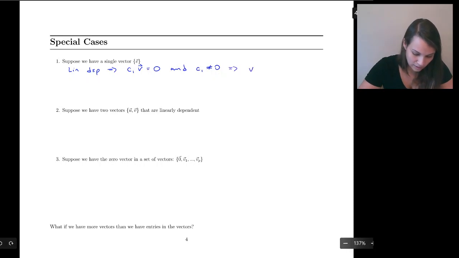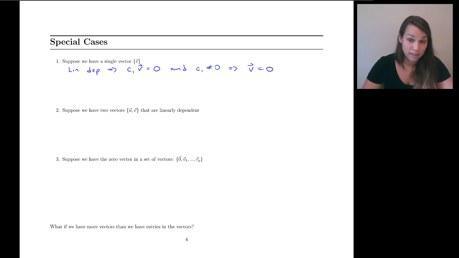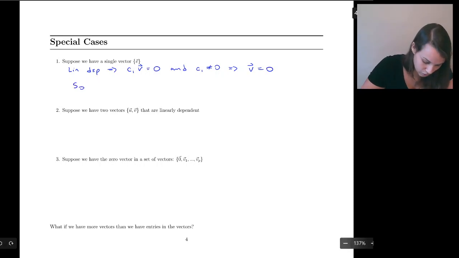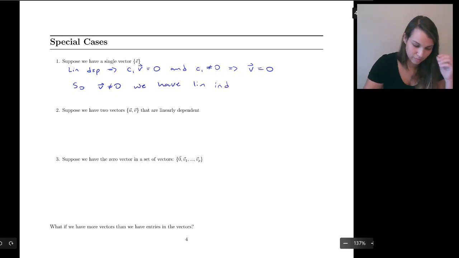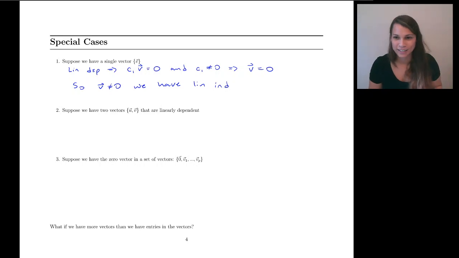So then the only way to get it equal to 0 is if V is equal to 0. So if V is not 0, we have linear independence. It's not entirely interesting, but it is true.